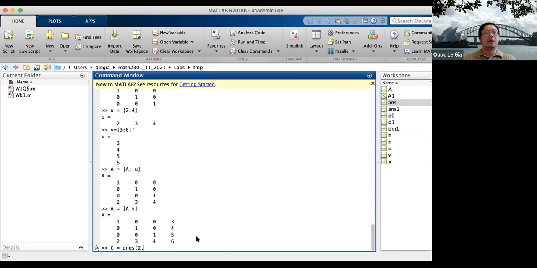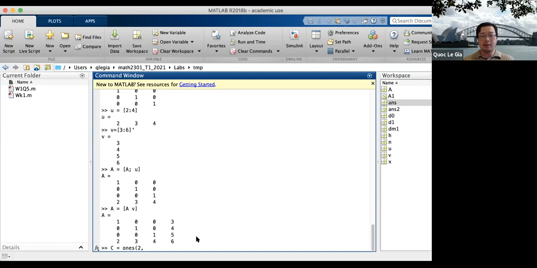Yes, this symbol prime does conjugate and transpose. But because it's a real matrix, the conjugate is still the same, so just transpose.